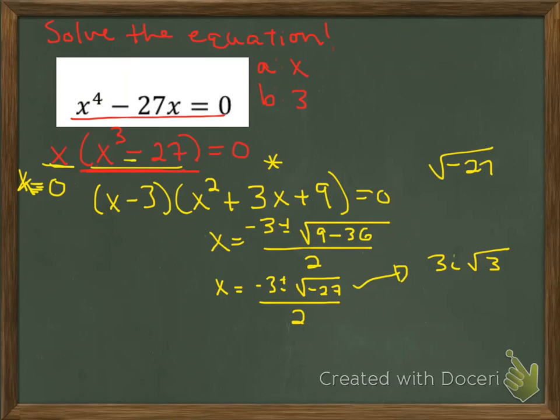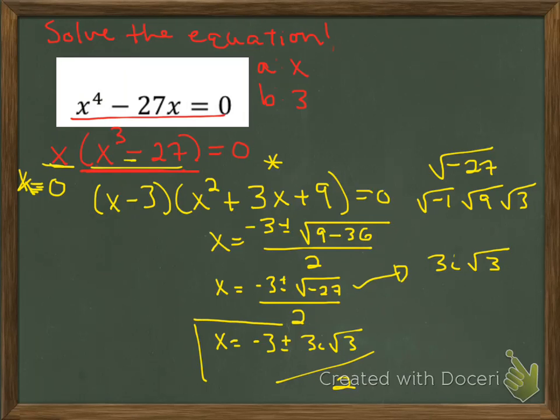Negative 27 would factor into the square root of negative 1 times the square root of 9 and the square root of 3. That's where that comes from. So x is equal to negative 3 plus or minus 3i root 3, all over 2. Alright, that's our other solution.